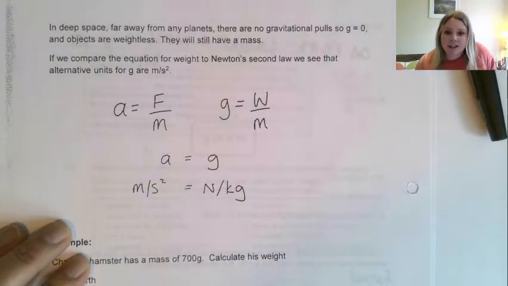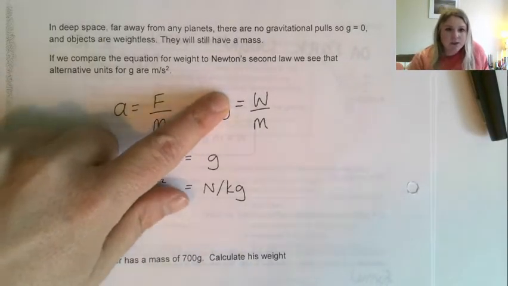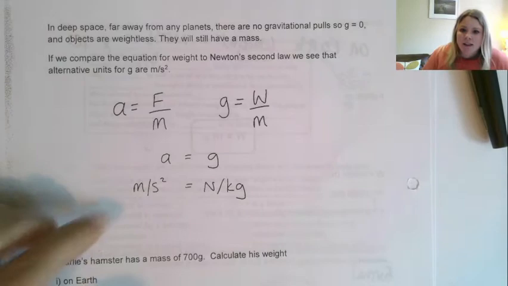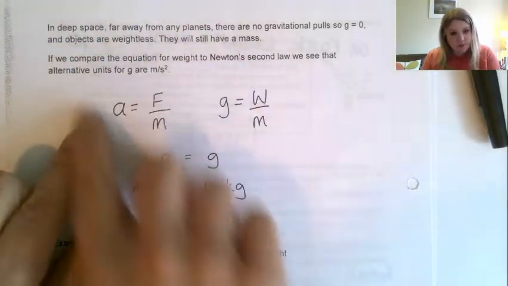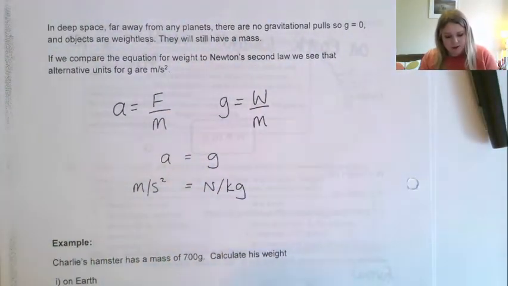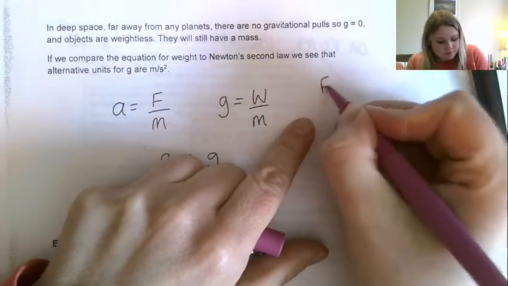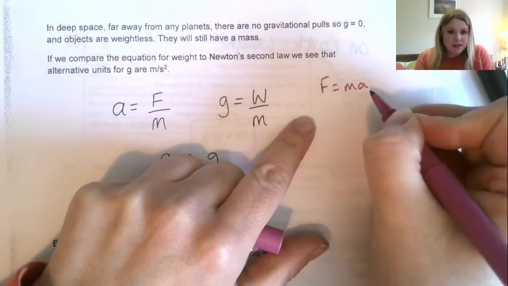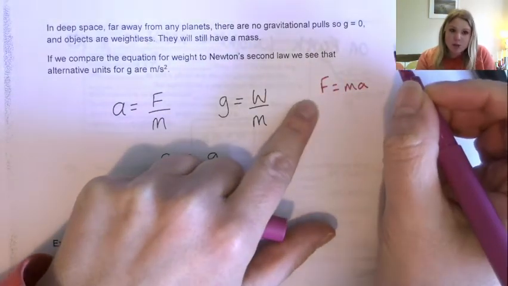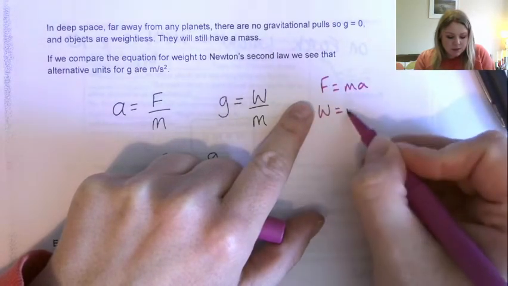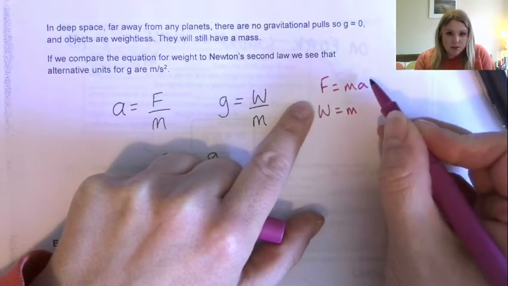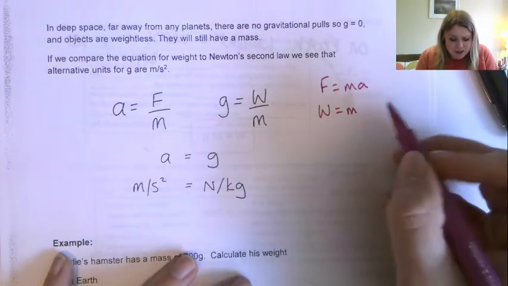Right, over on to page 196 then. See this wee bit here? It's really just showing you that W equals mg is a special version of F equals ma. I might write this out again. F equals ma. For this specific situation, the force we're talking about is weight, which is equal to mass, and the acceleration is acceleration due to gravity.